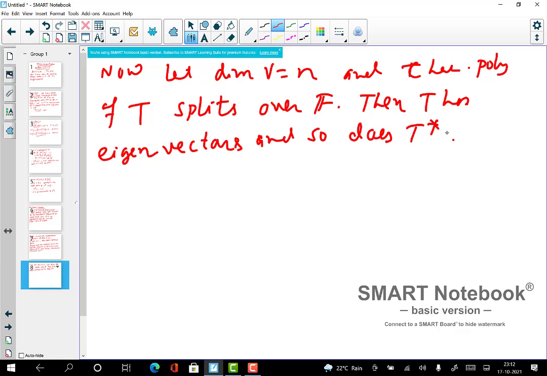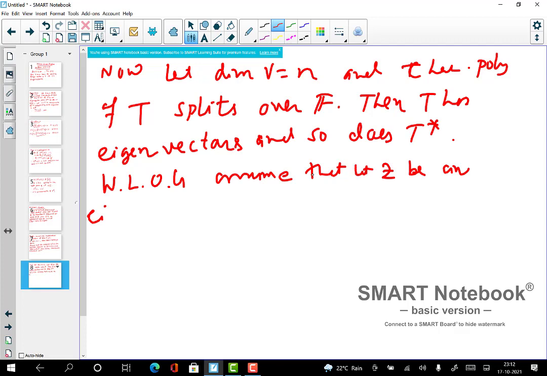That is obvious, because if you have an eigenvector, you can divide it by its norm. So without loss of generality, assume that we have an eigenvector z of T star with norm 1.